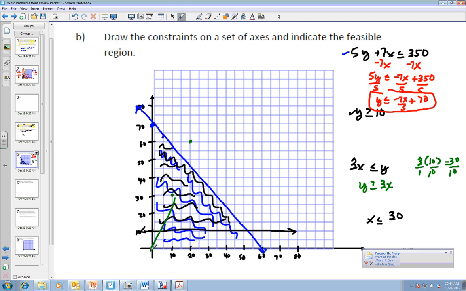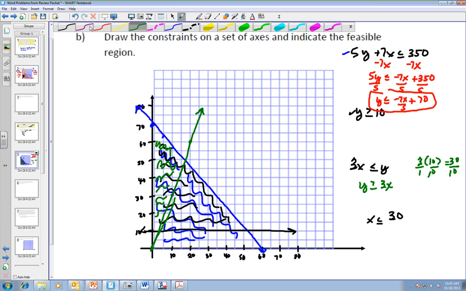I'm going to miss it. Okay. And it's going to be greater than. So it's going to be this area right here that they have in common so far. Okay, and then my last one is x is less than or equal to 30. So we'll do that in red.